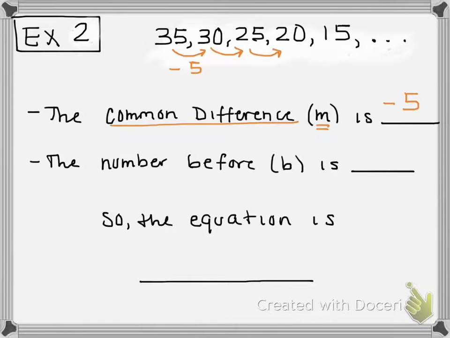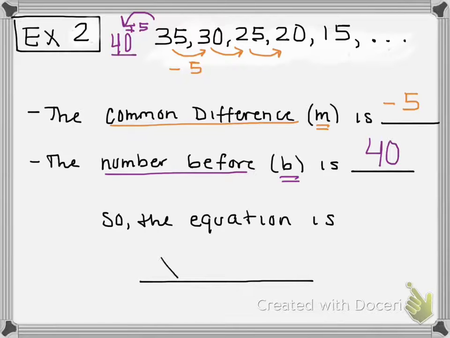Now to find what came before, again, this might be kind of easy to figure out what number would come before it, or you can just think about working backwards. Instead of subtracting 5 each time, this time I'm going to add 5. And when I add 5 to 35, I get the number 40 as my missing value that came before. So my b value is the number 40. And then I just want to put everything together.